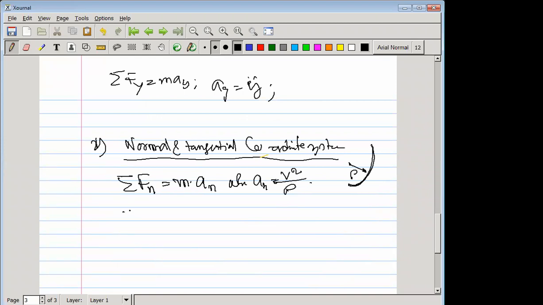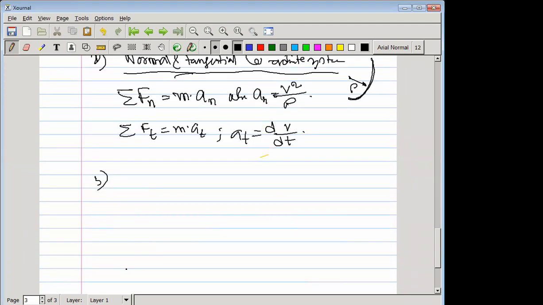And the tangential component of force is nothing but mass into At, where At is the derivative of velocity with respect to time. Clear? Now, if another type of problem is there, suppose a polar coordinate system is used, then what do we have to do?